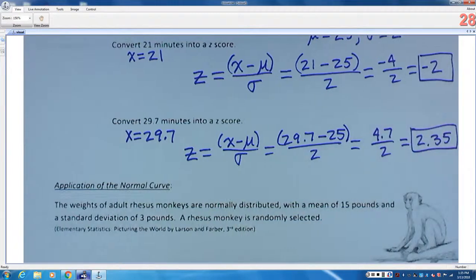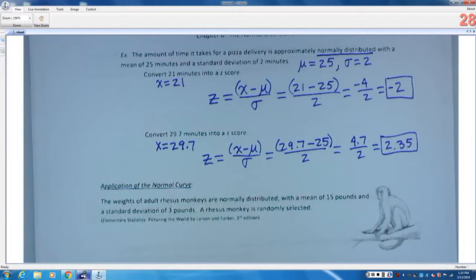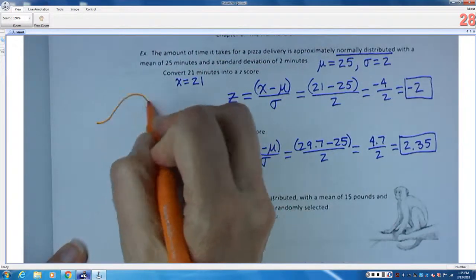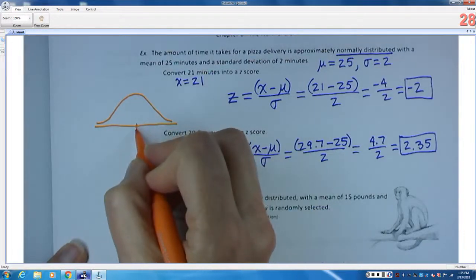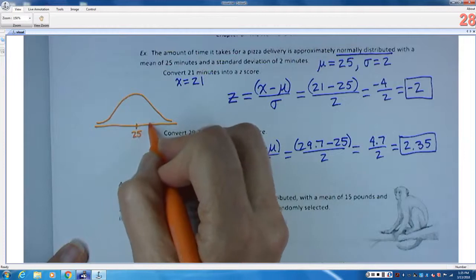We can check by drawing the picture. So I'm going to draw a picture of the normal curve with our pizza delivery stuff. We have a mean of 25 and a standard deviation of 2.